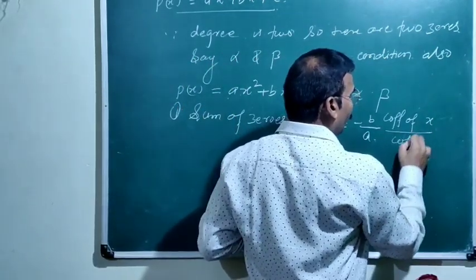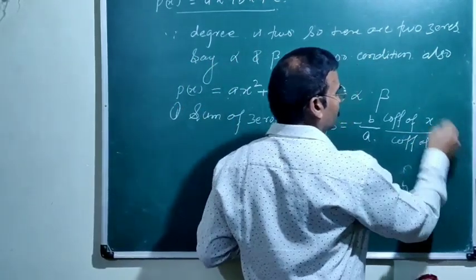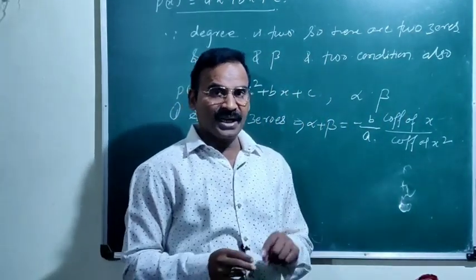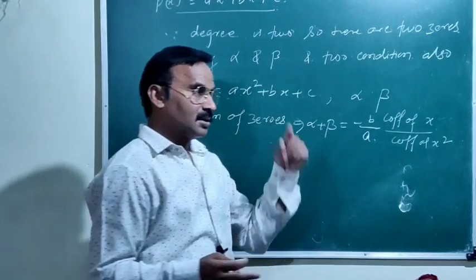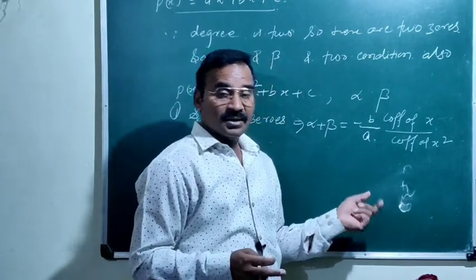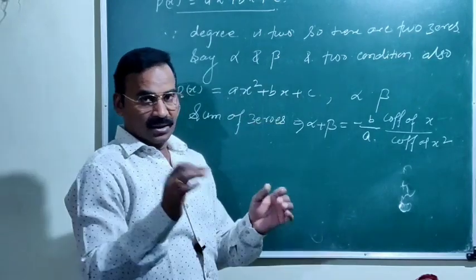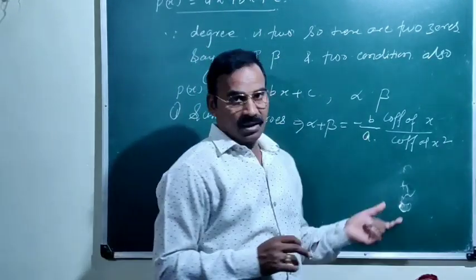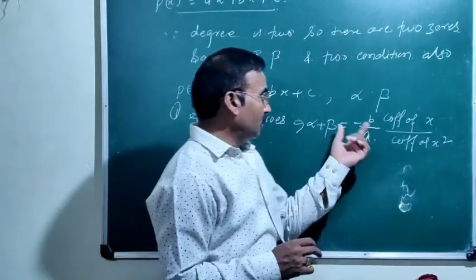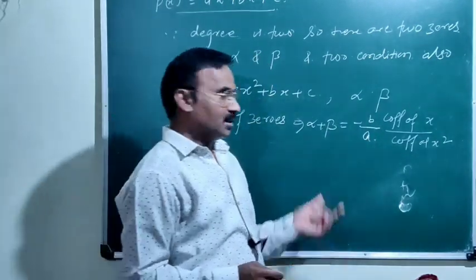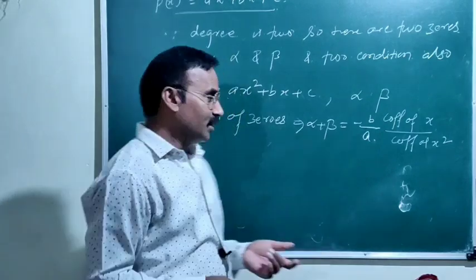The coefficient of x square. The first relation is negative, the second will be positive. If there is a third zero, then this will again be negative, meaning there are alternating signs in the sum of zeros and product of zeros.